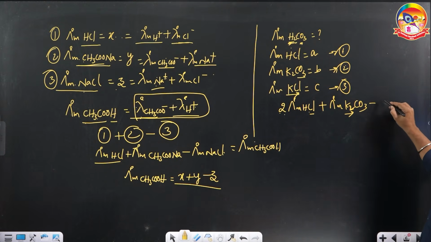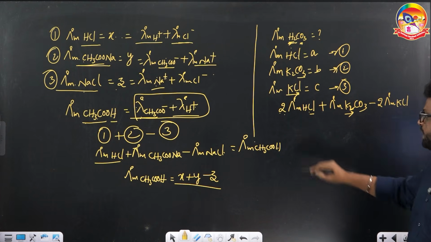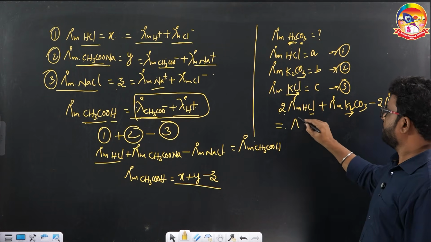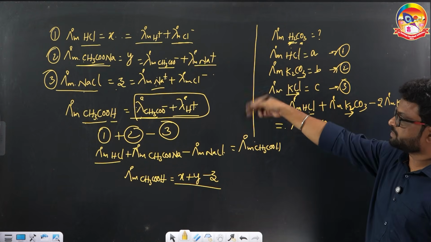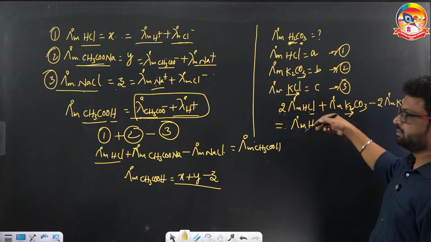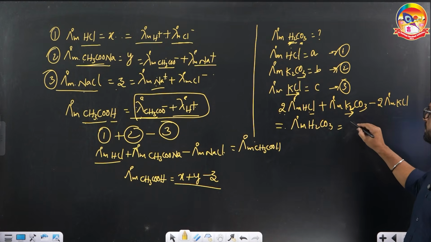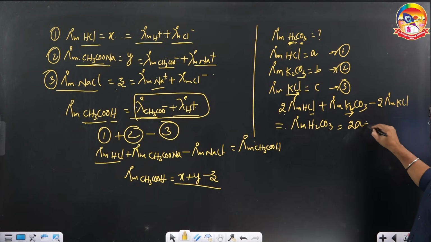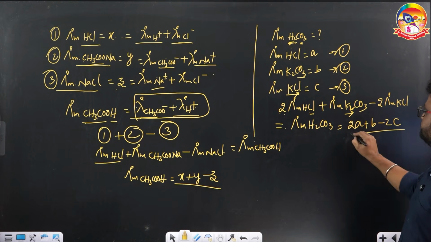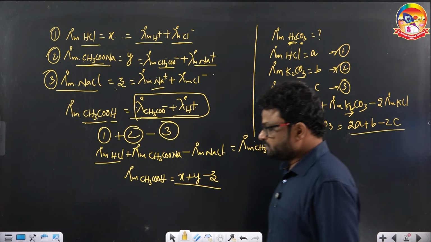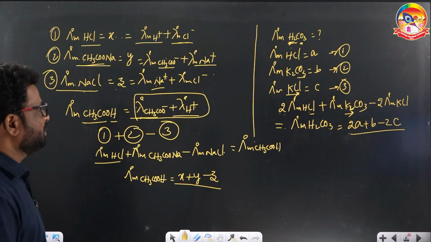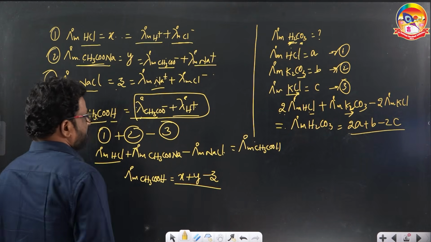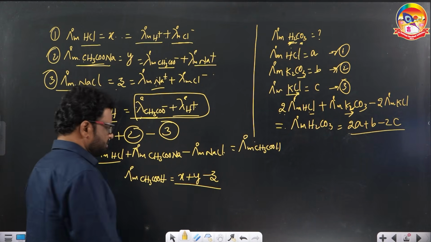So I should subtract 2 into lambda naught m of KCl to get the lambda naught m of H2CO3. So similarly, if you write the expressions for these, you will get the same result. That means it is equal to 2A plus B minus 2C. So this is one of the applications of Kohlrausch law to find lambda naught m of a weak electrolyte with that of strong electrolytes.